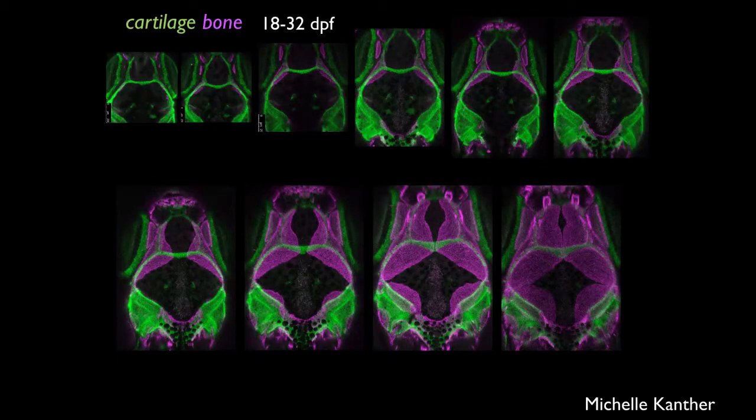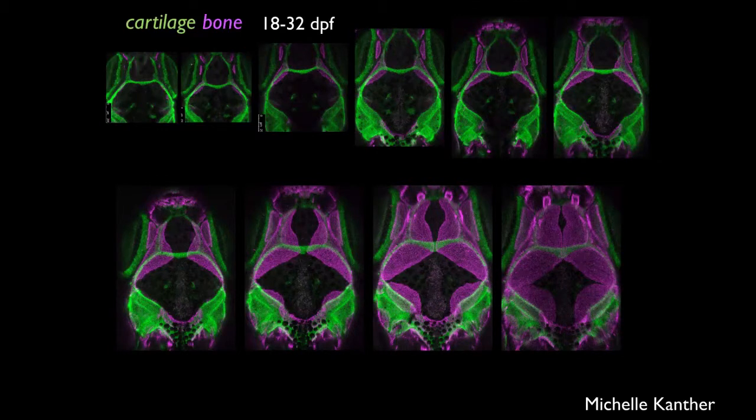At this point, I want to stop and make a comment about developmental staging. Early larval development is not extremely variable and can be described fairly precisely by talking about days post-fertilization. However, at these later stages, the growth and the achievement of developmental milestones becomes much more dependent on growth conditions and is much more variable.